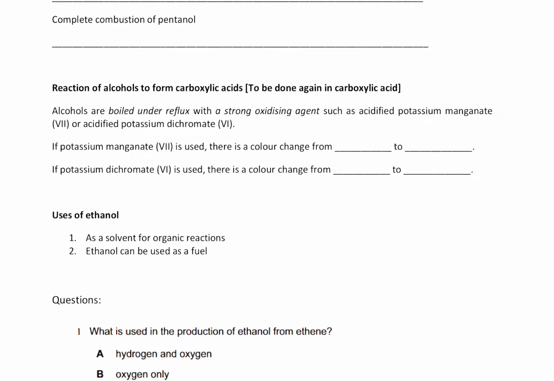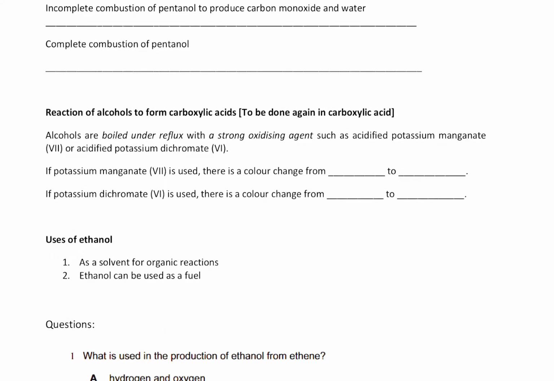The other reaction undergone by alcohol is to form carboxylic acid. We're going to see that again when we do carboxylic acid. So alcohols will be oxidized. If we boil alcohol with a strong oxidizing agent such as potassium manganate or acidified potassium dichromate, there's going to be a color change because alcohol will be oxidized to form a carboxylic acid.